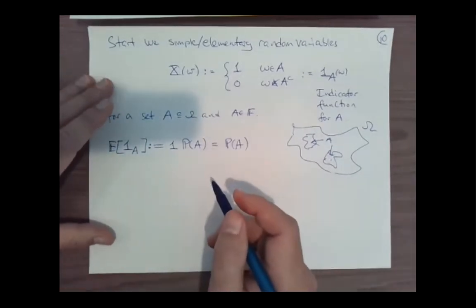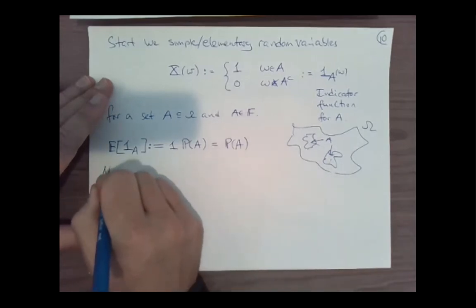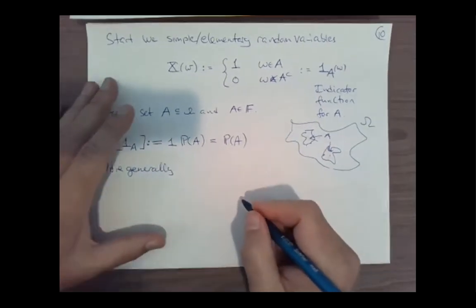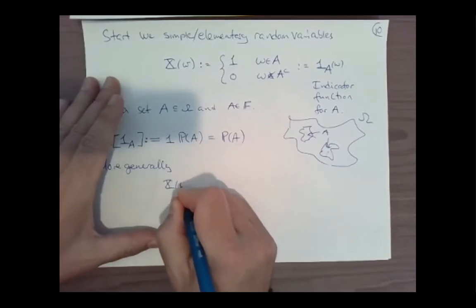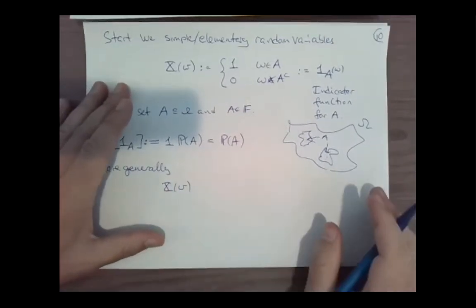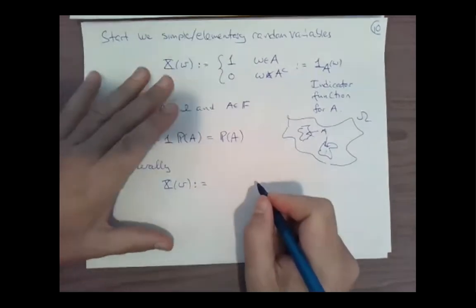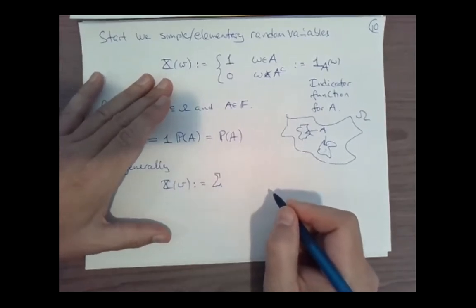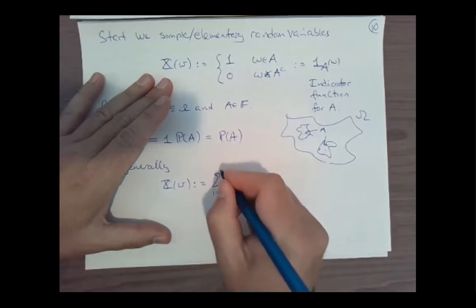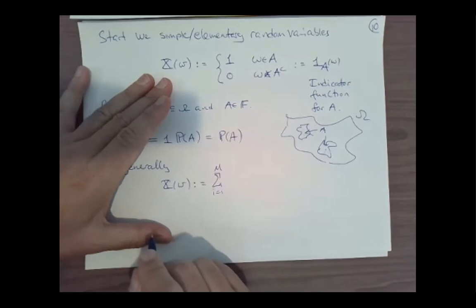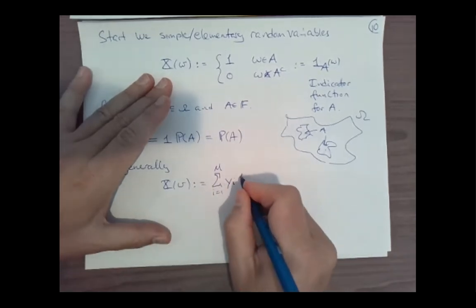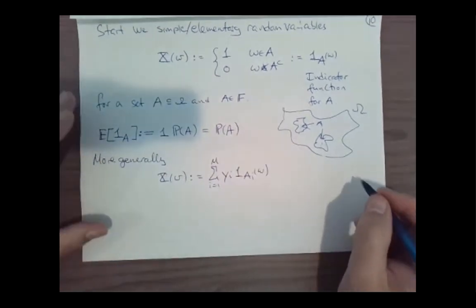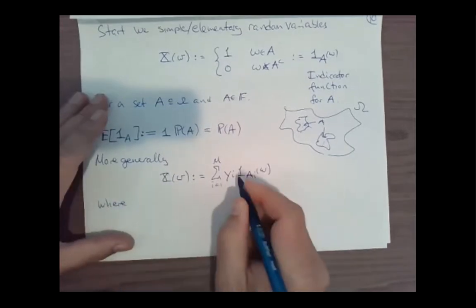So now step 2. Step 2 is, more generally, what would happen if my X of omega would be, say, I sum up from i equals 1 to some constant m of y_i times the indicator of A_i of omega, where I'm keeping the y_i's positive just for now.